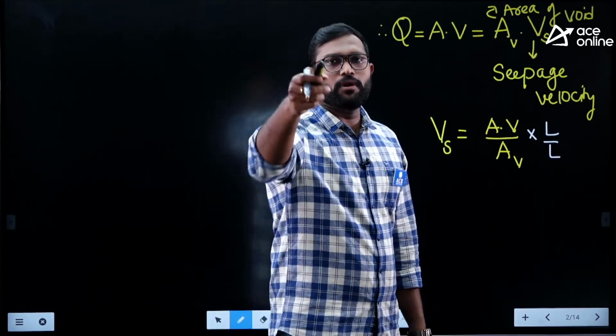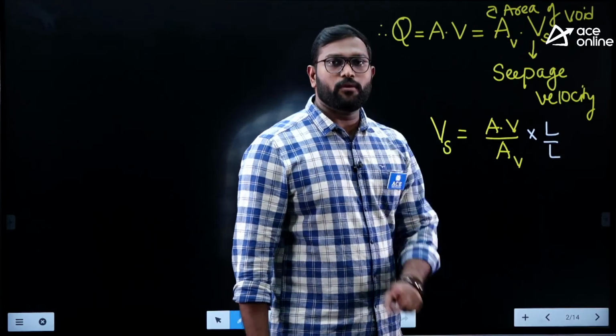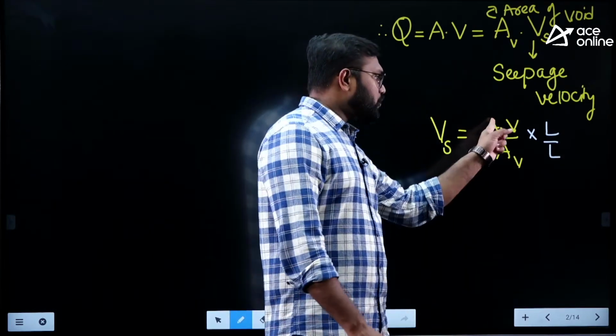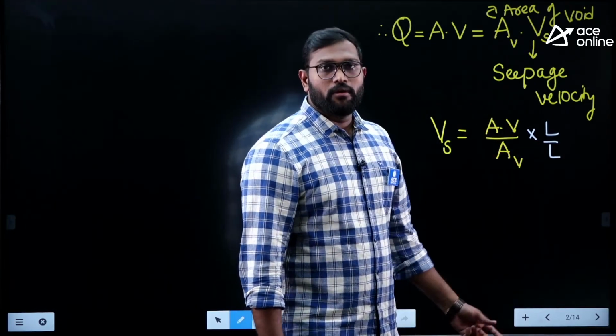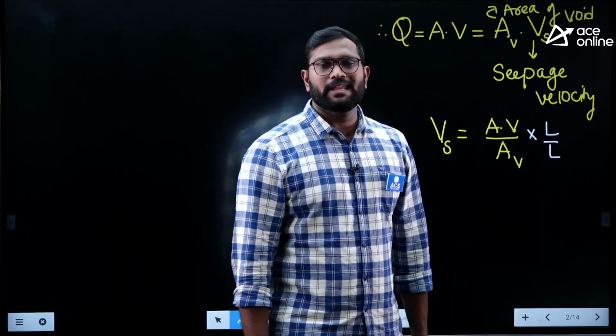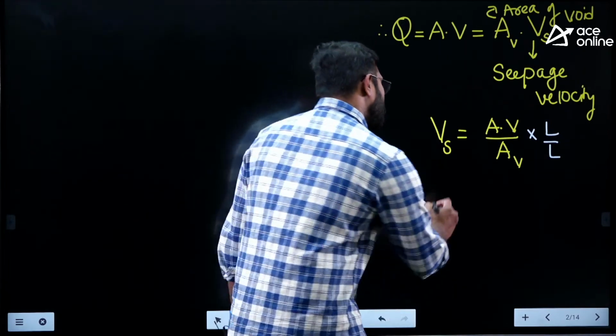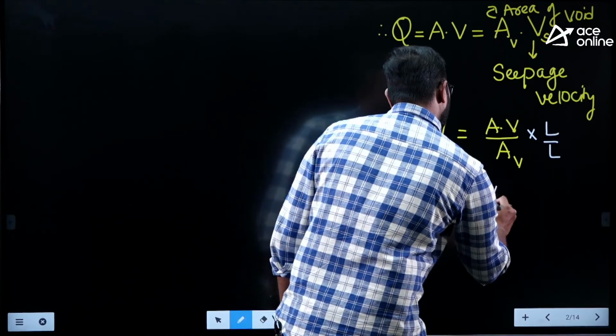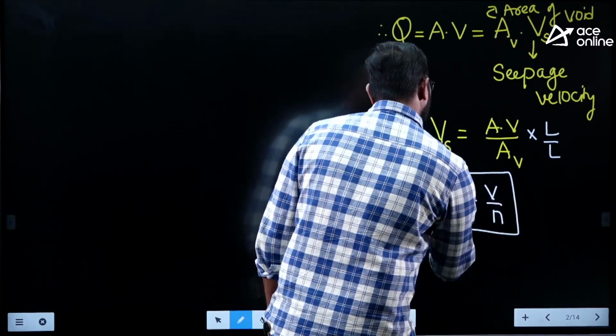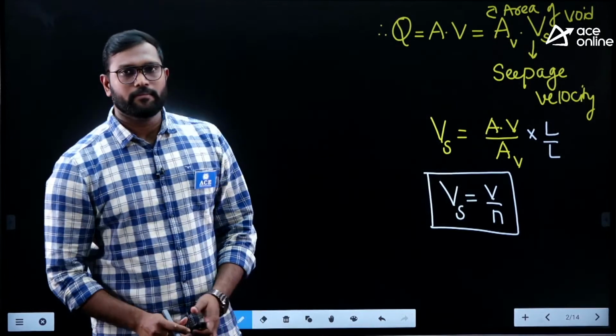Area into length gives total volume, area of voids into length gives volume of voids. You bring the total volume to the denominator. Volume of voids to the total volume represents the porosity. So Vs is equal to V by n.